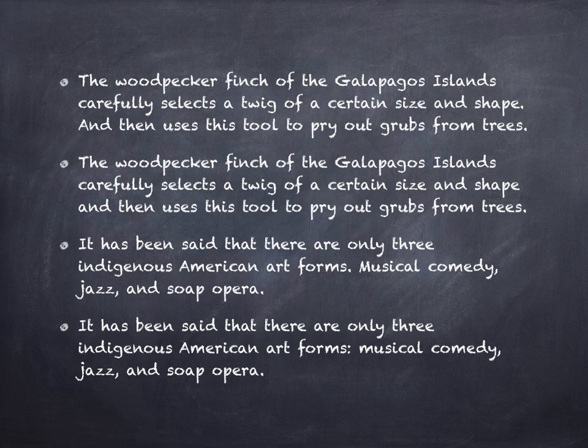It needs to be connected to this part of the sentence, and in this case, the best way to connect it is to add a colon and make this a list. It has been said that there are only 3 indigenous American art forms, colon, musical comedy, jazz, and soap opera.